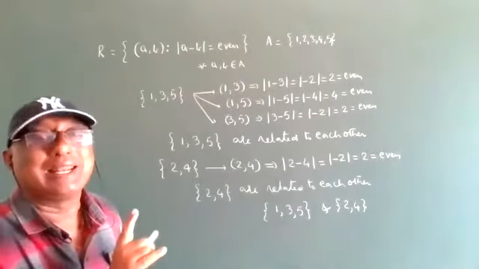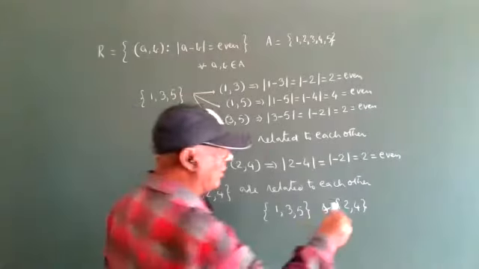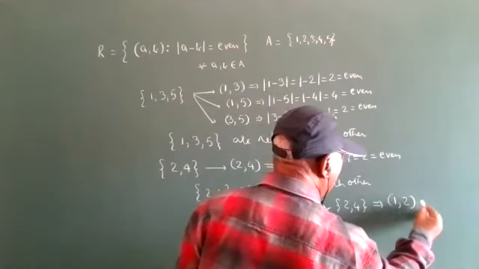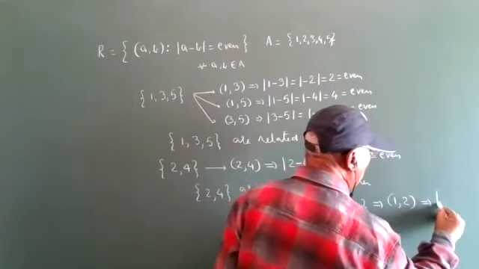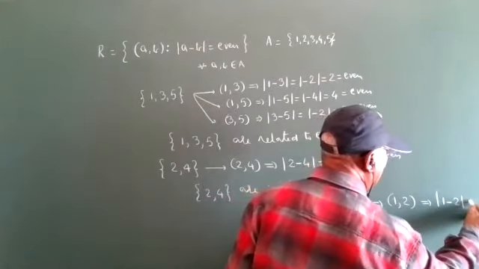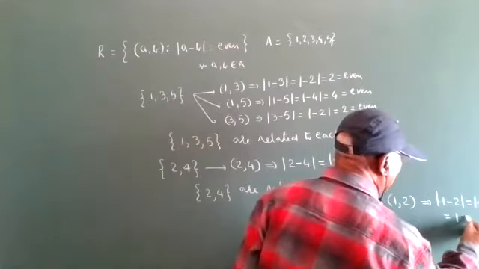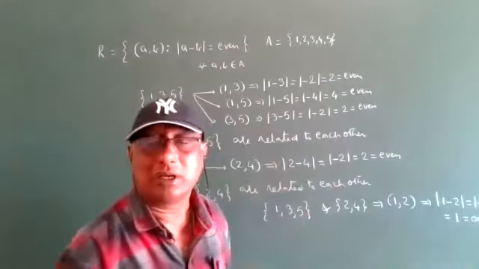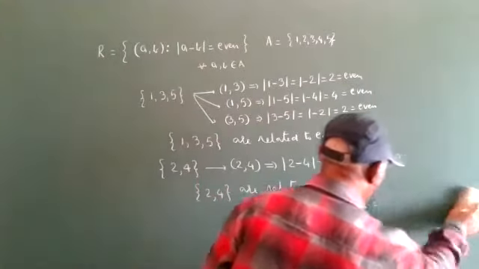According to the definition, the modulus of 1 minus 2 is the modulus of minus 1, which is 1, an odd number. Therefore, it does not belong to the relation.